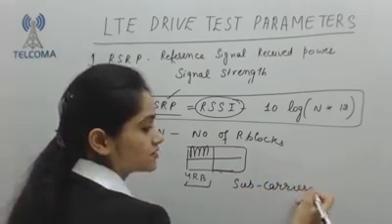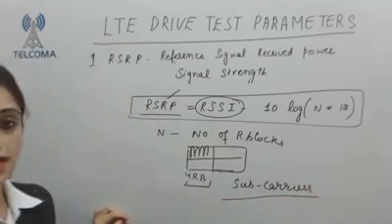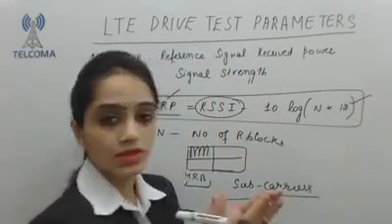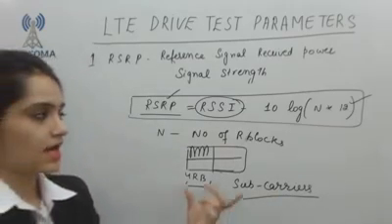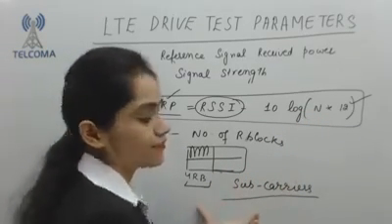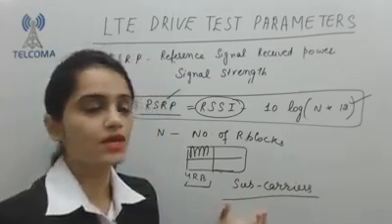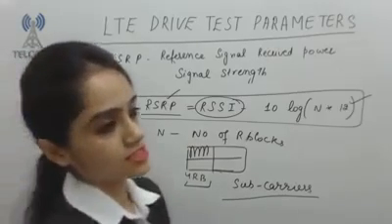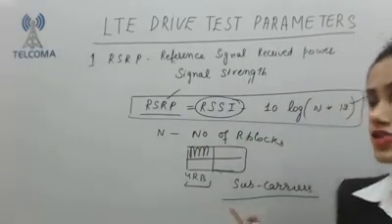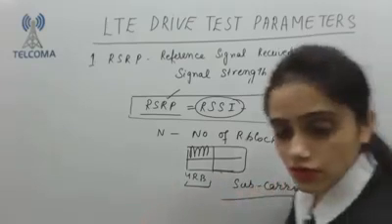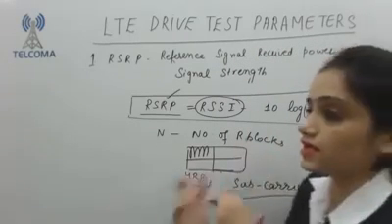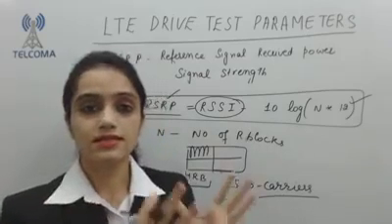I have 12 subcarriers in LTE, that's why I am multiplying with 12, and N decides the number of resource blocks. So this is our very first parameter, RSRP, and its value should be from minus 44 to minus 140 dBm, and it will tell us the signal strength.